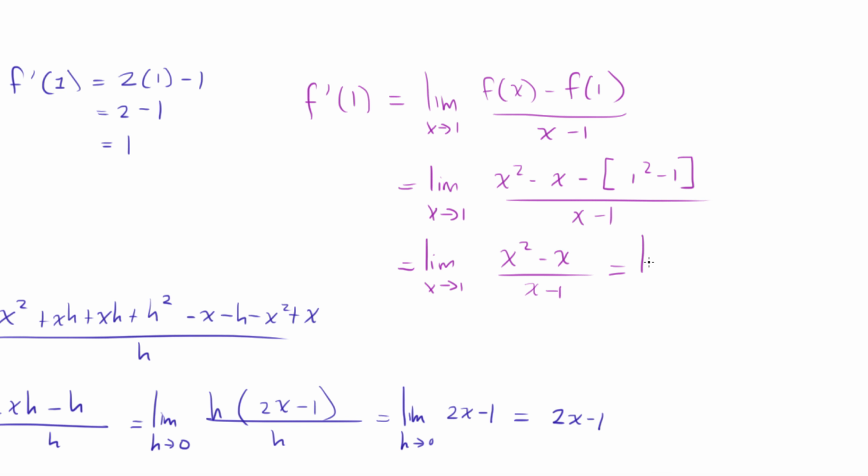Okay. And in order to solve this limit problem, you factorize the x. You get x minus 1. So the limit when x approaches 1, the x minus 1s cancel, and then the limit when x approaches 1 of x is just 1, which is exactly the same thing. It's just a different way to solve the same problem.